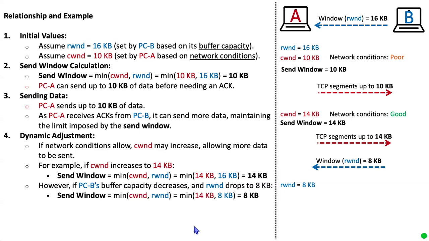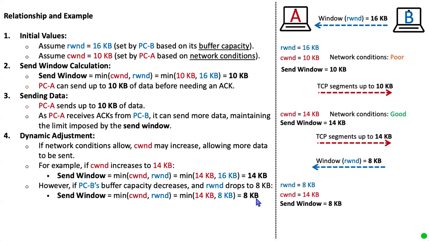All right, let's see what this does to the send window. The send window, again, is the minimum between the congestion window and the receive window. The congestion window is still 14,000 bytes. But look at this receive window that was advertised by PCB. It's now at 8,000 bytes. Now that's the lesser of the two. So guess what?